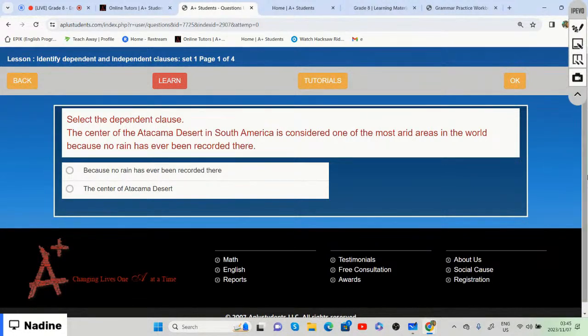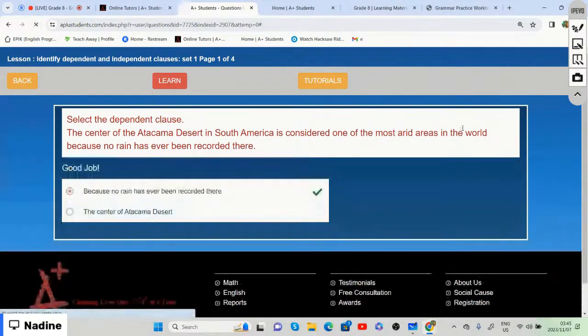All right, so we can say because no rain has ever been recorded there. And that is correct.